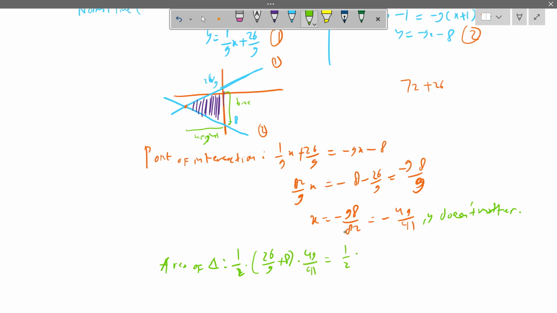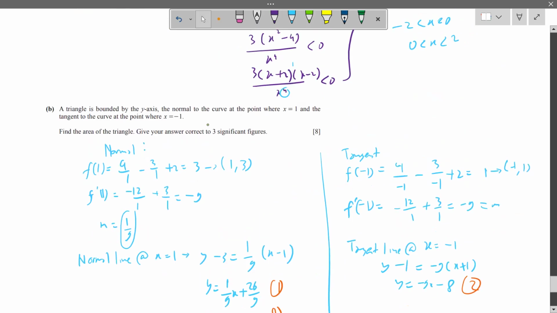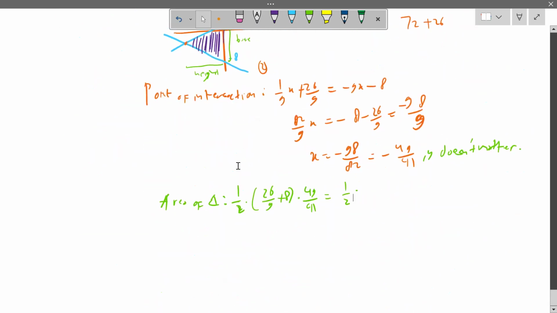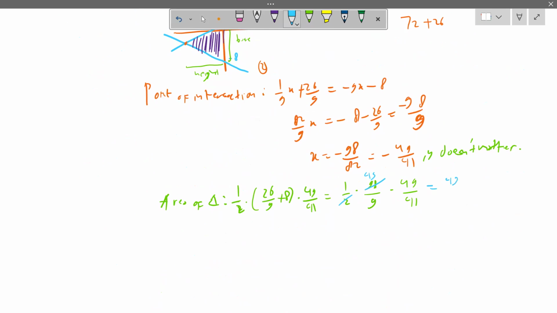And yeah, this will be a decimal because the question says you have to give your answer to significant figures, so a calculator is involved. So this here is 1/2 times 98 over 9 times 49 over 41. You can cross out this, and then 49 squared over 9 times 41. If you plug it into a calculator, you will get 6.51 square units.